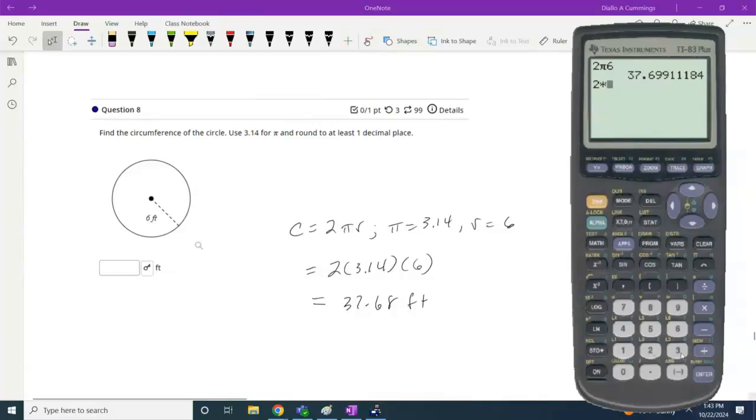When I use 2 times 3.14 times 6, notice I'm going to get a slightly different answer. Okay. So if they're telling you to use 3.14, I would use 3.14. Because you'll see if you use that true value for pi, in a lot of cases, your answers are going to be totally different.